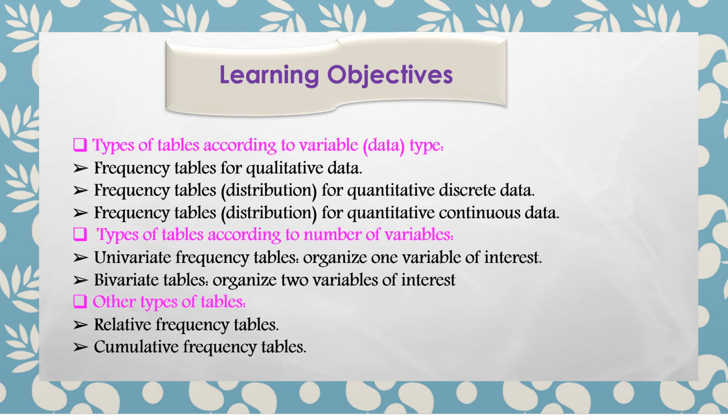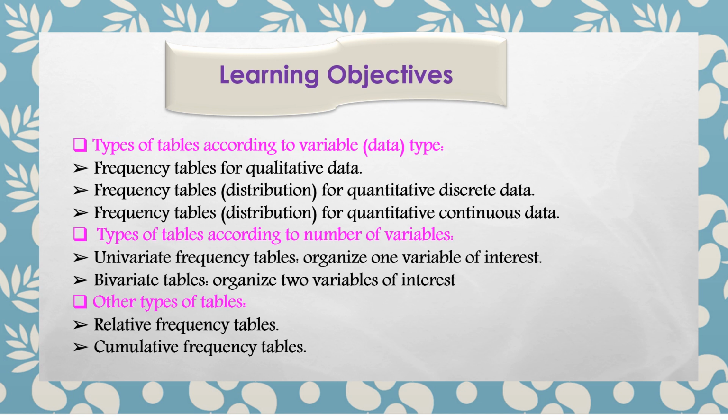The other type of tables is according to the number of variables of interest. And we have two types of tables. Univariate frequency tables, which are organized for only one variable of interest, and bivariate frequency tables, which are organized for two variables of interest.